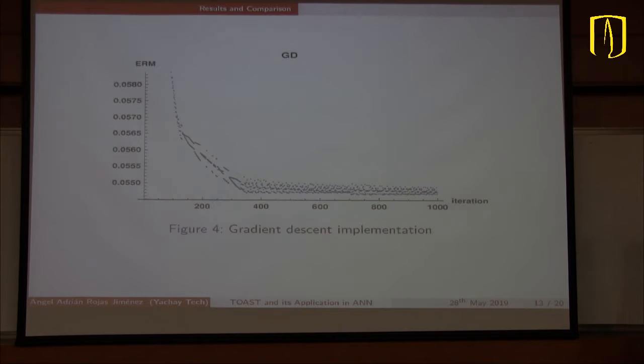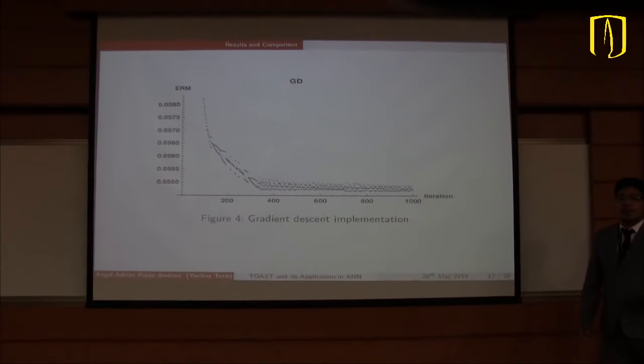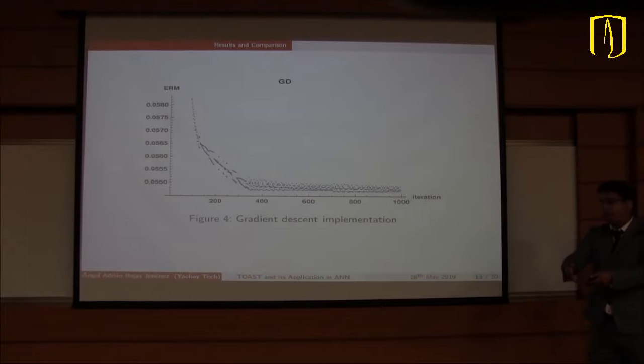Then we present gradient descent. Gradient descent goes lower, but it has the same problem. Sometimes it is called the zigzagging problem, because with these non-smooth functions, when it tries to arrive at the minimum, it starts zigzagging in this valley, which is like a kink.